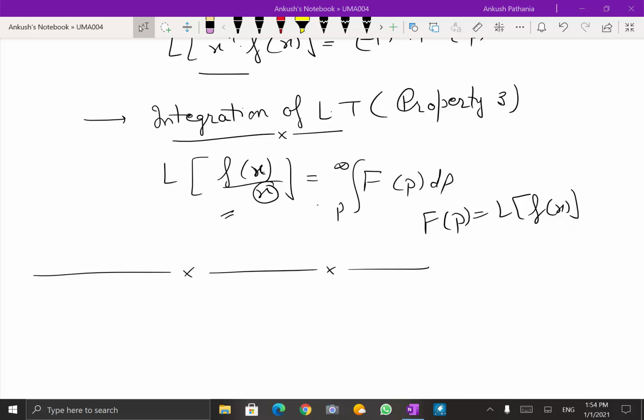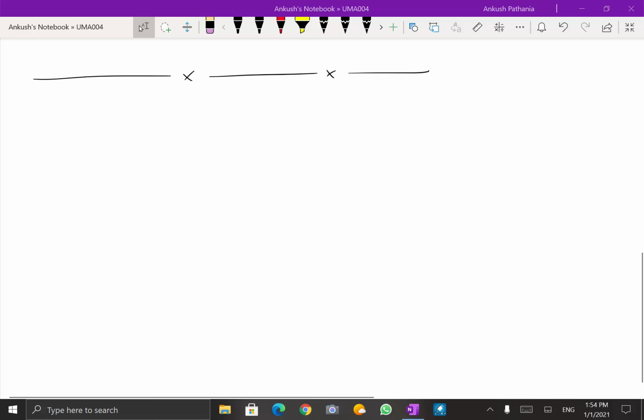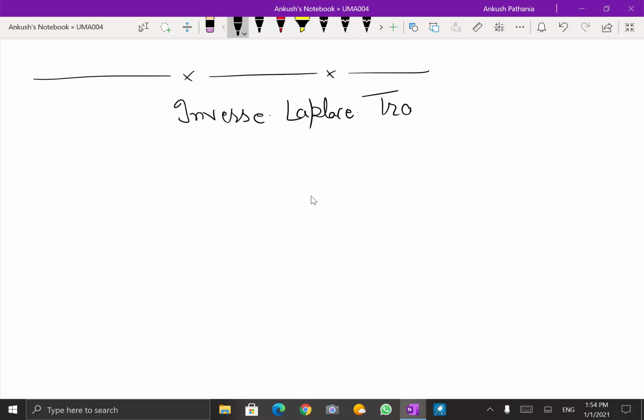Okay, so now after this, we are starting the inverse Laplace transform. This is the inverse of the Laplace transform that we have done.